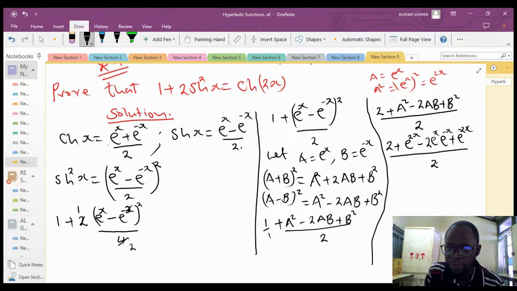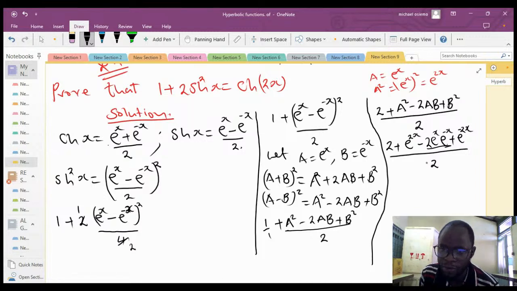So clearly, for this part here, you're going to use the rules of indices. When you multiply indices with the same bases but different powers, we add the powers.